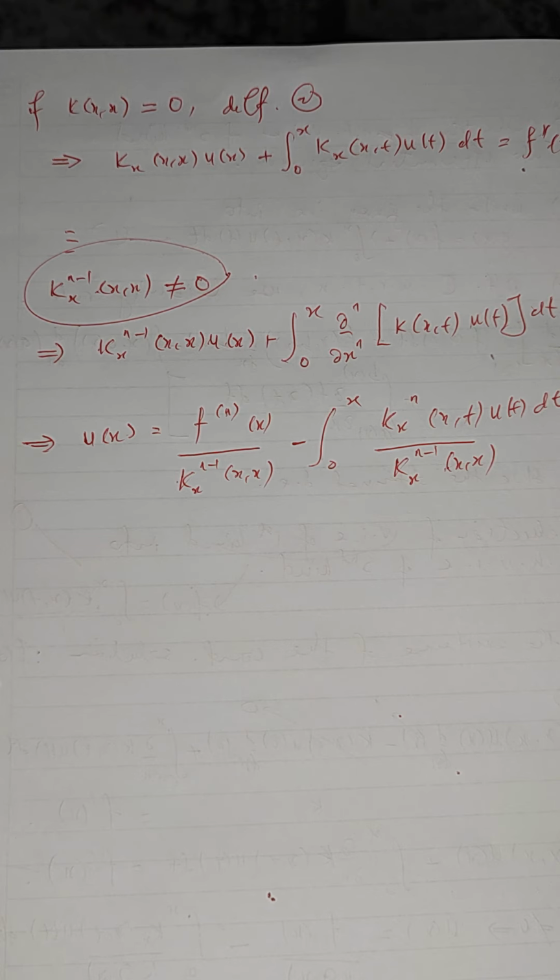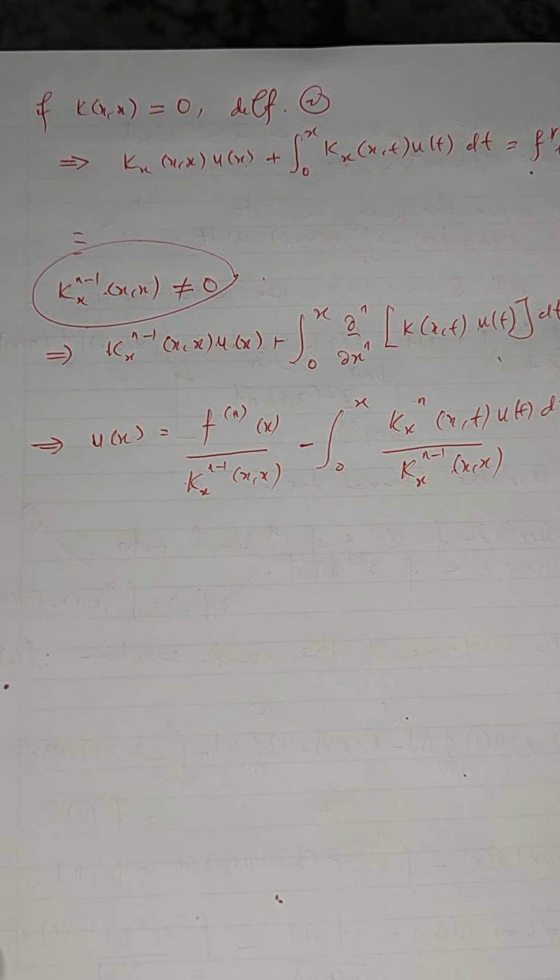To obtain the resolvent kernel, you need to use the iterated kernel to obtain its general form. Then you can find the resolvent kernel and substitute it into the general form of the solution. Then you can solve the problem. So that's basically the recap of what I'm going to do.